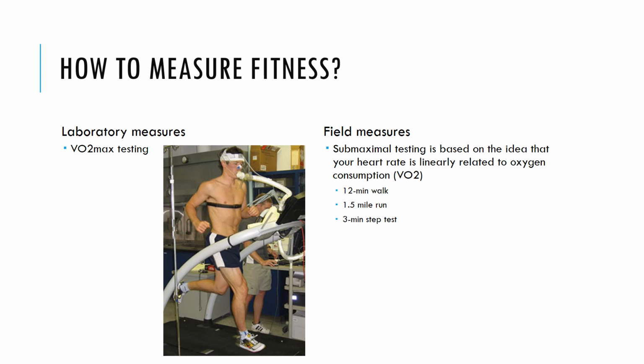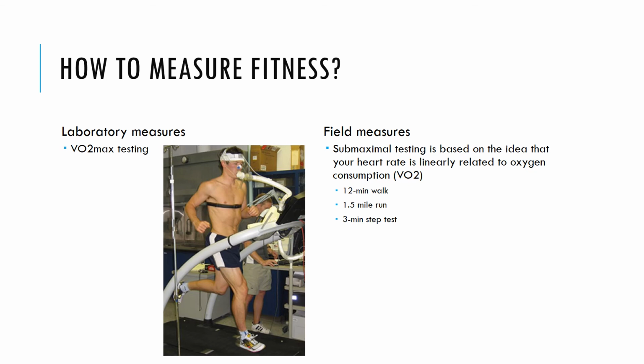It's much more simplistic. These are all sub-maximal or less than maximal tests. With the VO2 max test, you have to exercise until you can't go any longer. But with sub-maximal testing, you can exercise at a lower intensity, and it's based on the idea that your heart rate goes up linearly as your oxygen consumption or your VO2 goes up. So there are several different varieties.